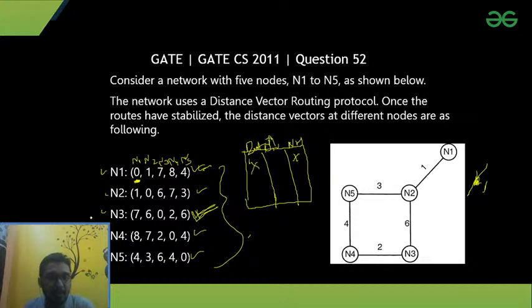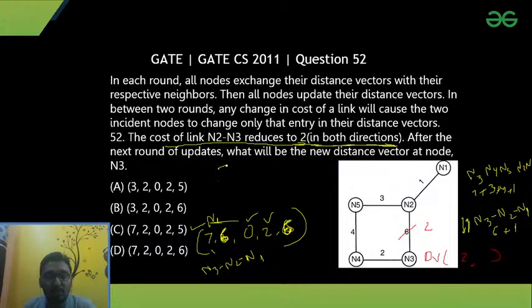So N3's distance vector was 7, 6, 0, 2, 6 initially. Now N2 will send its distance vector, and N3 will get to know the distance is reduced from 6 to 2. So initially it was 6 plus 1, 7, it will now become 2 plus 1. So distance to N1 will become 3.